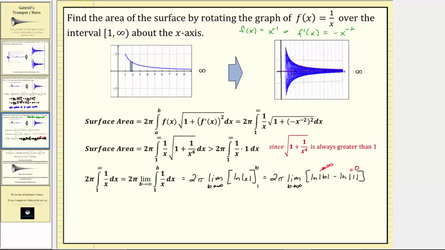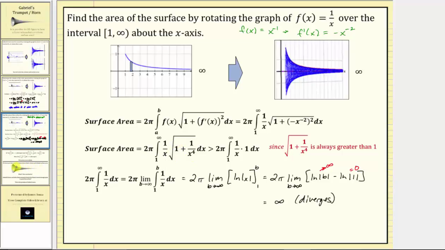And therefore, this integral approaches infinity, and therefore it diverges. Remember, this integral was less than the integral equal to the surface area, and therefore if this integral diverges, so does the integral for the surface area.